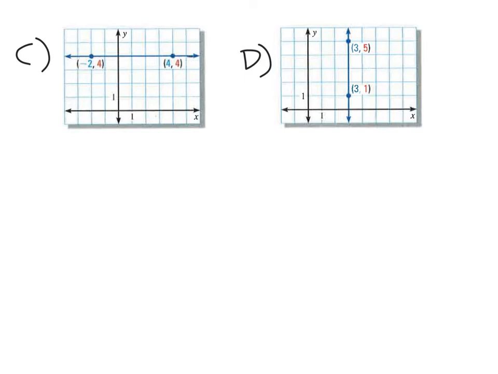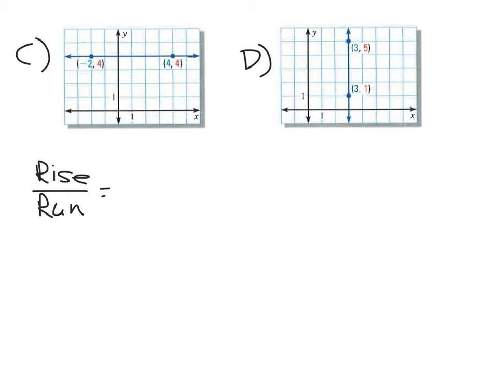Now, let's take a look at 2 special cases here. In example C, I have this horizontal line here, and it's passing through these 2 points that are labeled negative 2, 4 and 4, 4. Now, I'm going to do the same thing to find my slope. I want to find the rise over the run between these 2 points.